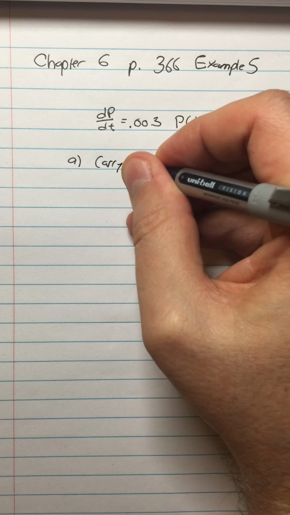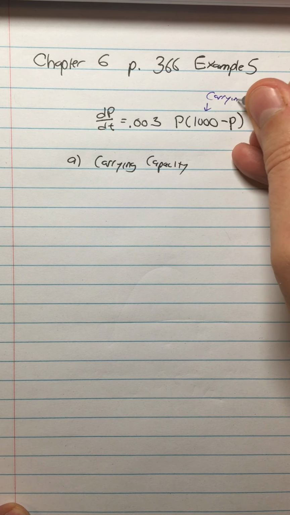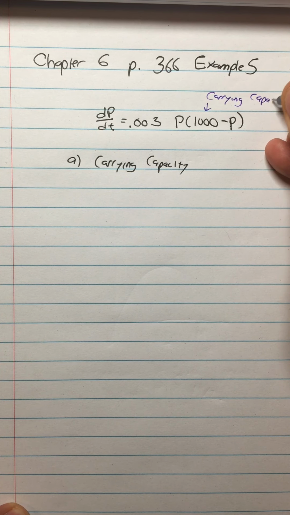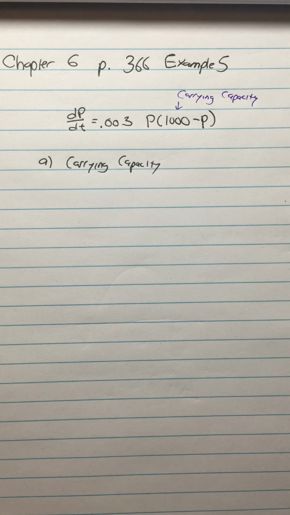So this is just a matter of being familiar with this equation and knowing that the number that appears in the binomial here, that is the carrying capacity. What does the carrying capacity mean? It means you cannot have more moose than that. If there are more moose than that, then they're all going to die off.